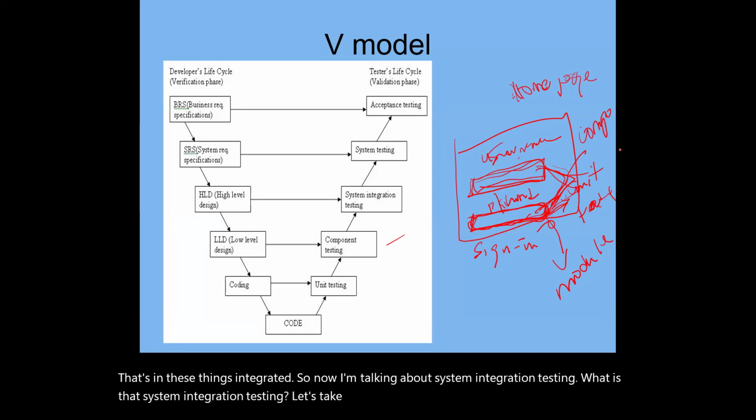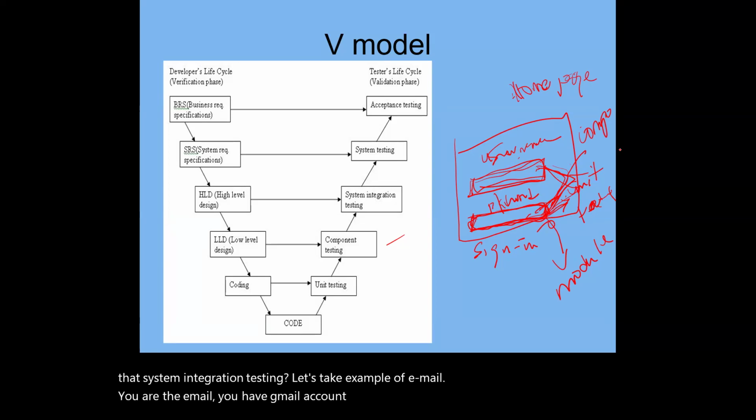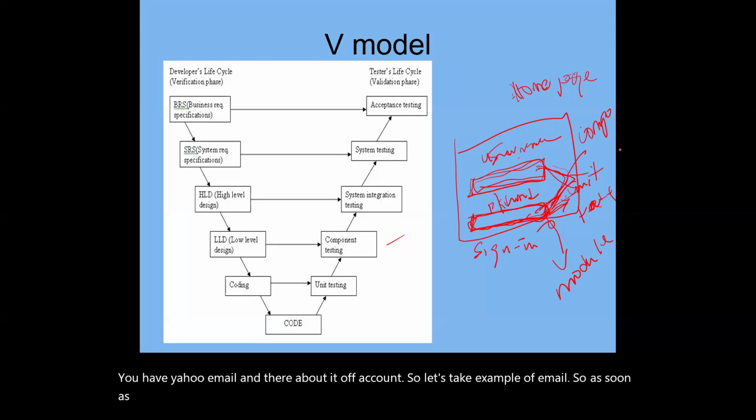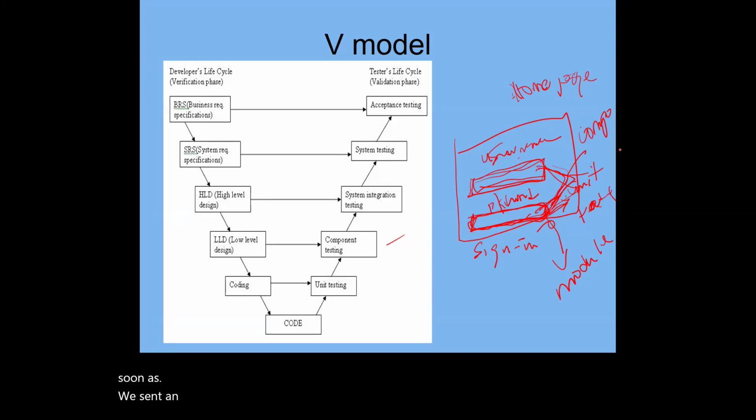Let's take the example of email. You have Gmail, you have Facebook, you have Yahoo email, a lot of accounts. So as soon as we send an email, you click on compose and you are typing your email. You're drafting: Hello, friends.